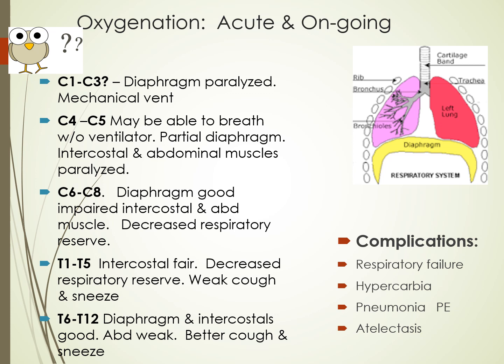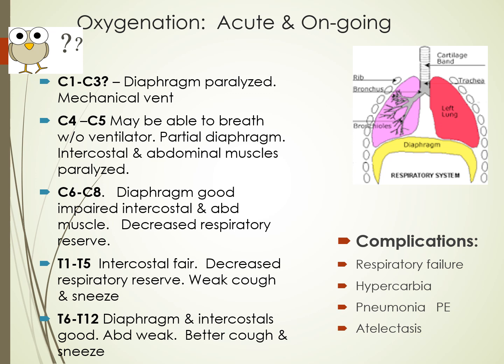With T1 to T5, again, their diaphragm works, their intercostals now are fair, and they have a weak cough and sneeze. T6 are looking better. The diaphragm and intercostals are good, but the abdominal is a bit weak, and they have a better cough and sneeze.